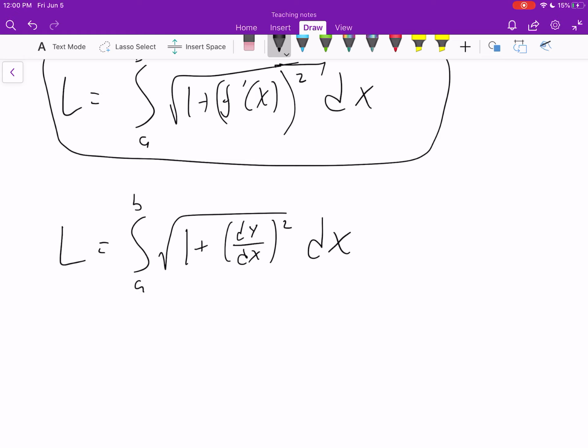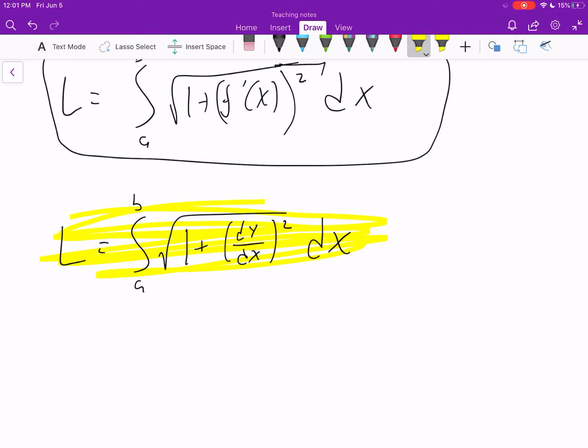And so, of course, when I was doing this, I was also assuming that the function is continuous, things are nice. So I'm going to stop the video here. This is probably getting around to the 10-minute mark. That took a minute. Again, the main thing to take away from this is this formula for length, where I'm going to do some examples where I go through and calculate these.